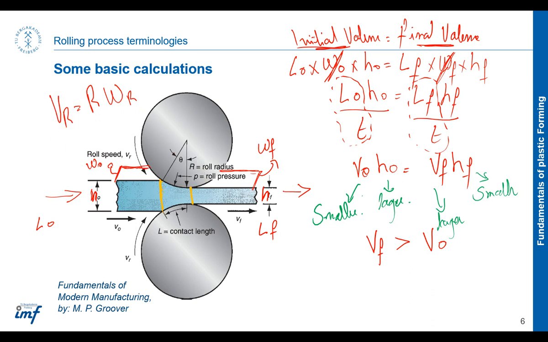And usually always in the rolling process, what happens is that this rolling velocity is greater than initial velocity of the billet, but is less than the final velocity.